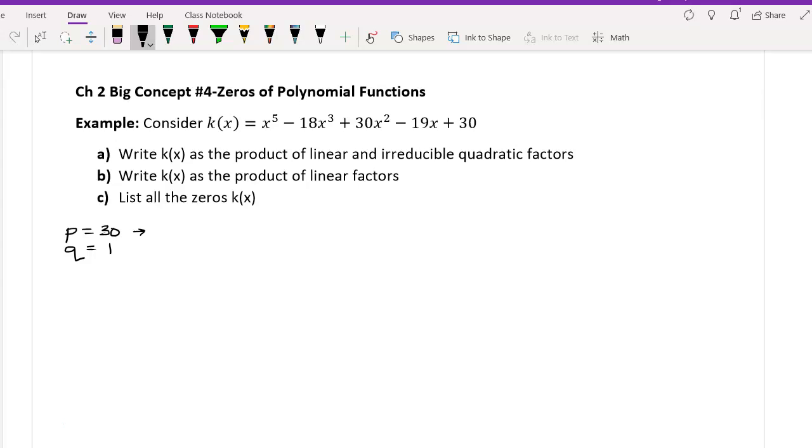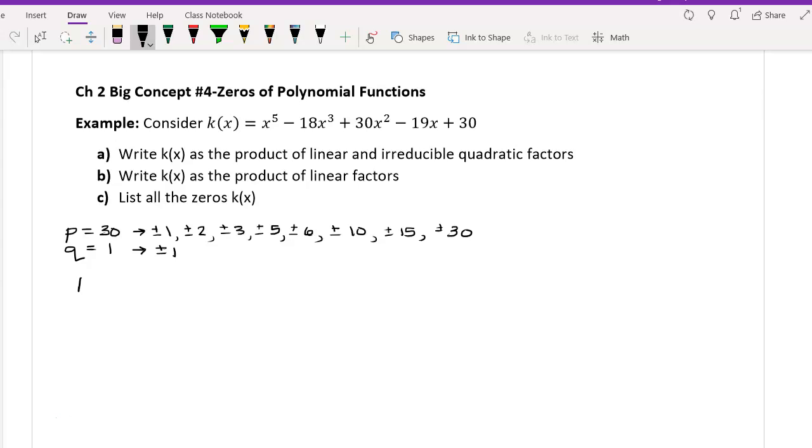Now we need the factors of 30, so plus or minus 1, plus or minus 2, plus or minus 3, plus or minus 5, plus or minus 6, plus or minus 10, plus or minus 15, plus or minus 30. The factors of q are plus or minus 1.